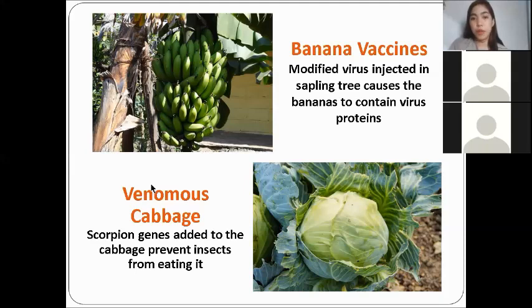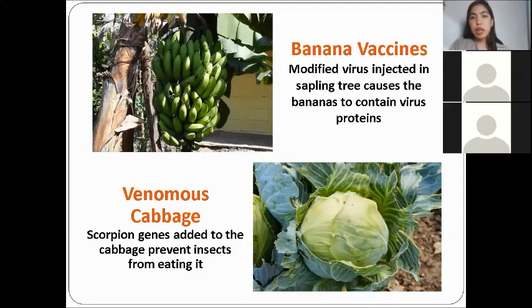So another example is the venomous cabbage. Scorpion genes added to the cabbage. So again, two species, scorpion genes and then the cabbage, prevent insects from eating it. So just like BT corn, no? Parang insect na yung hindi dadapo sa kanila kasi they release poison, parang toxic yon sa mga insects.